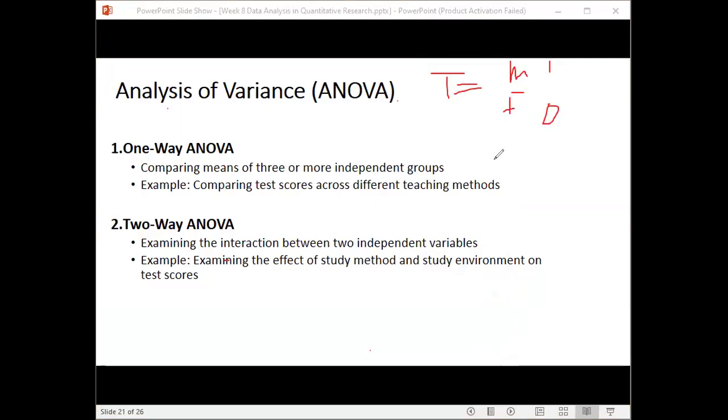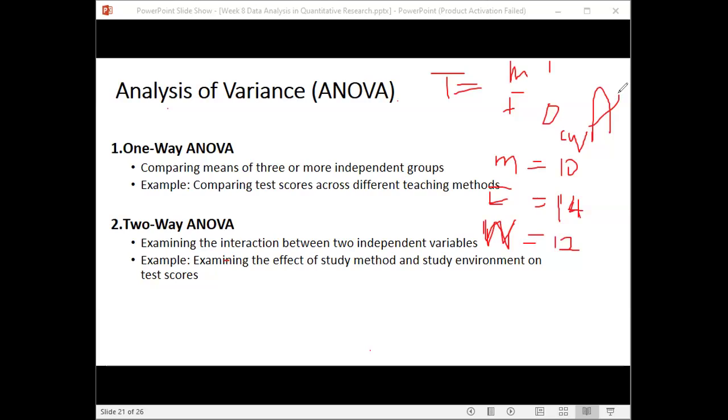Now, assuming I have 3 groups, say morning, evening students, and I have weekend students, right? Now, these are more than 2 groups. I cannot use t-test to do this. So if the CWA for morning is 10, evening students CWA is 14, and then weekend CWA is, say, 12. If I want to find out or test whether there are differences between the CWA for morning, evening, and weekend, I cannot go and use the t-test. Why? Because the groups are more than 2.